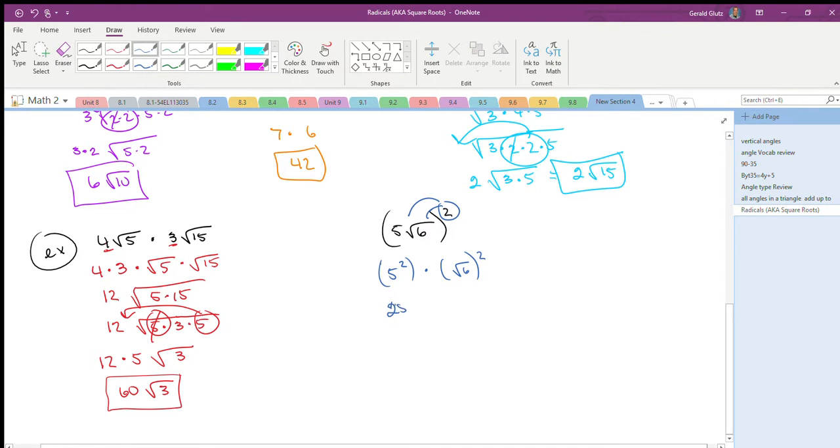So 5 squared is 25. Square root of 6 squared just means square root of 6 times square root of 6. Another way to write that is like this. So we got a pair of 6's, one comes out, the other one goes away. So 25 times 6. So our answer would be 150.